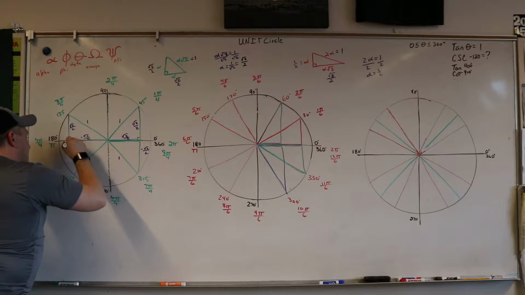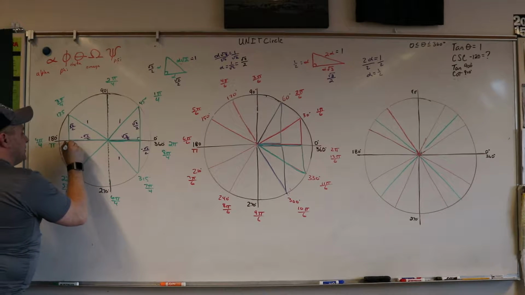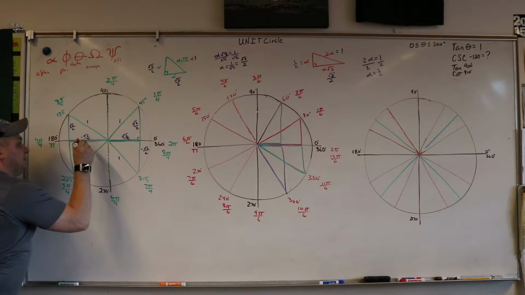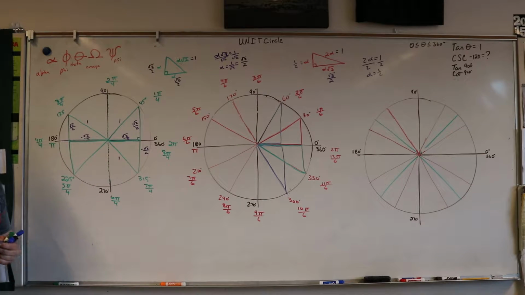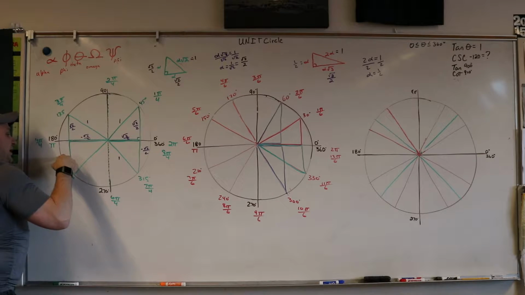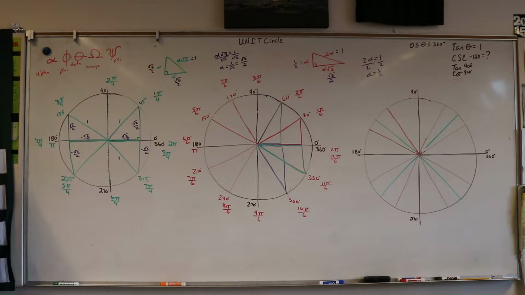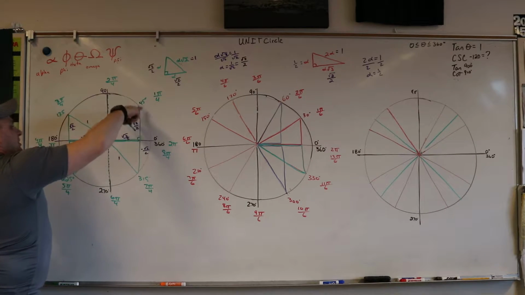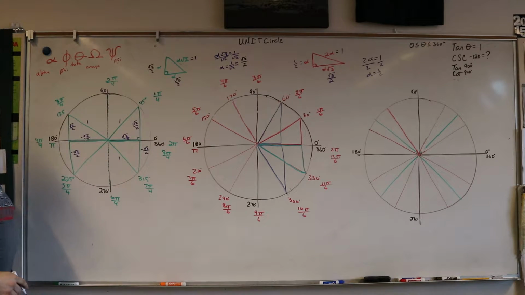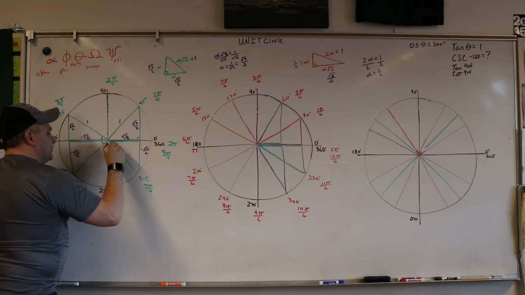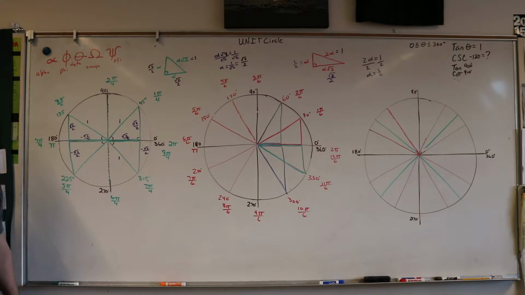And when we go down, what happens? Now we have 2 negatives, right? This is still negative square root 2 over 2, but this is also negative square root 2 divided by 2. Okay? And that's what's huge. This is what's hugely important for us to look at this angle, or this angle, or this angle, or this angle.